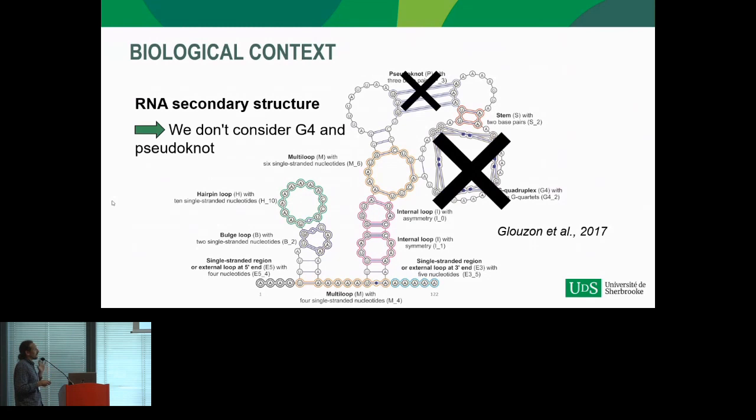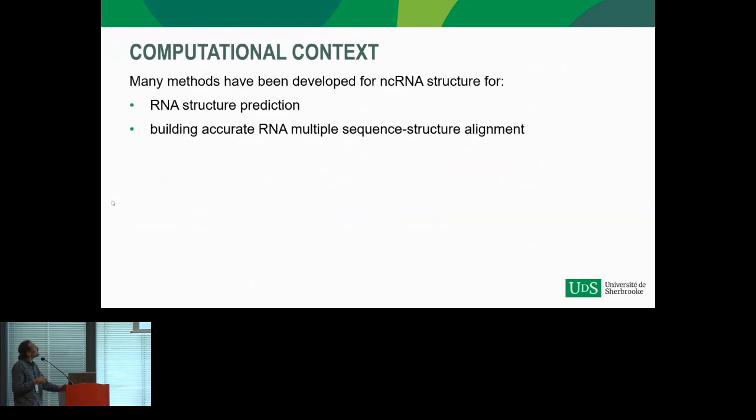Here in our method, we are more interested in the structural elements, except the G4, which is more of a tertiary structure, and the columns make it more difficult to compute the evolution of RNA structure.